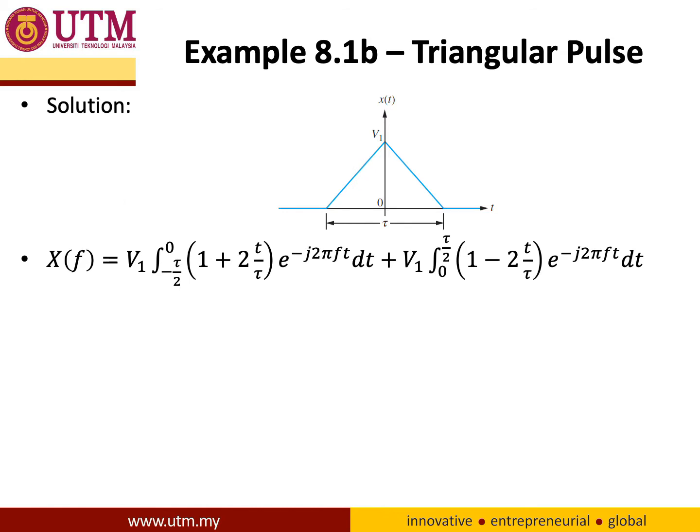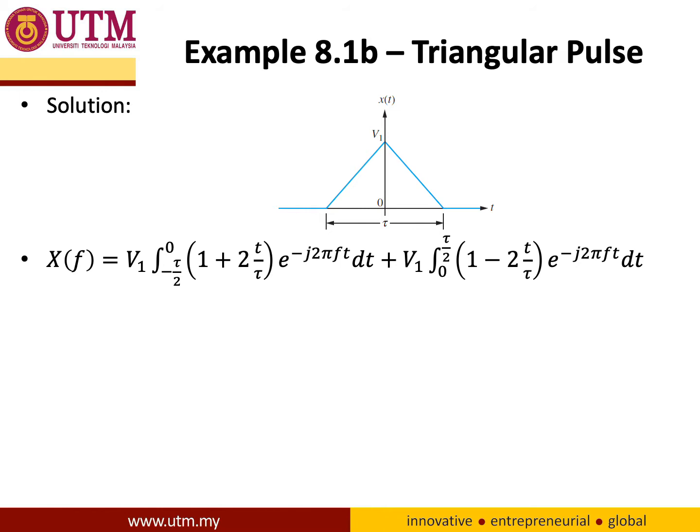Okay, the solution: referring to the Fourier transform equation, we have X(f) equals the integral of the function times exponential to the power of minus j2πft. For this triangular pulse, we have to divide it into two parts.